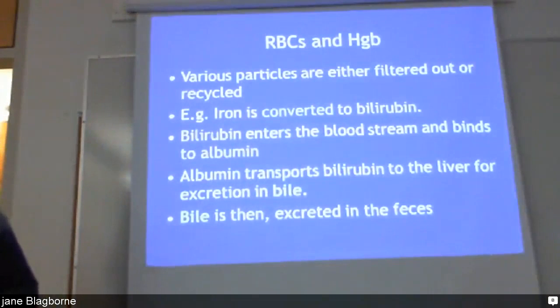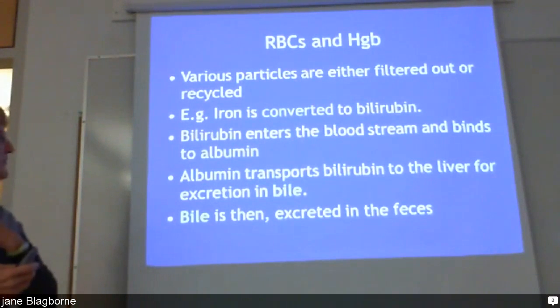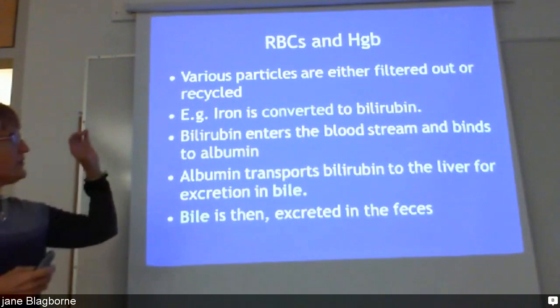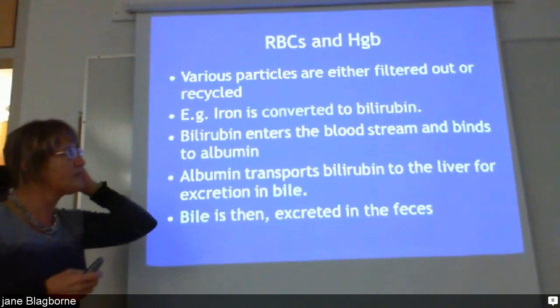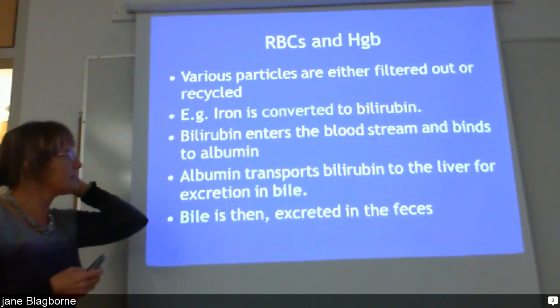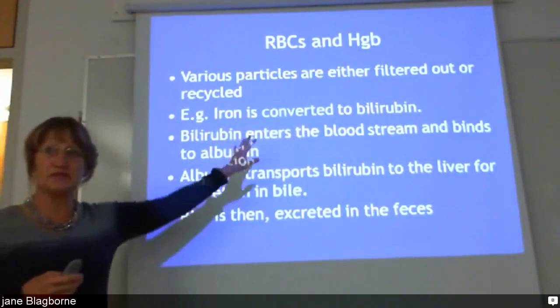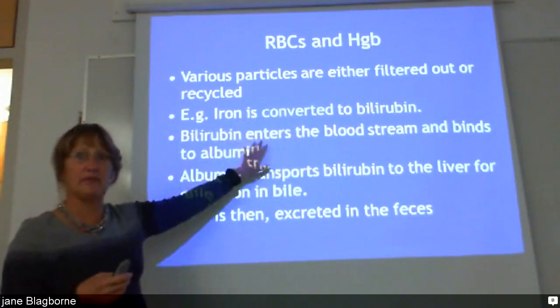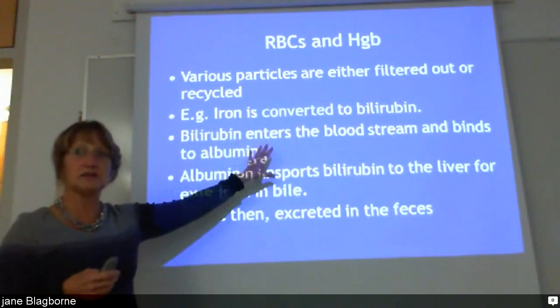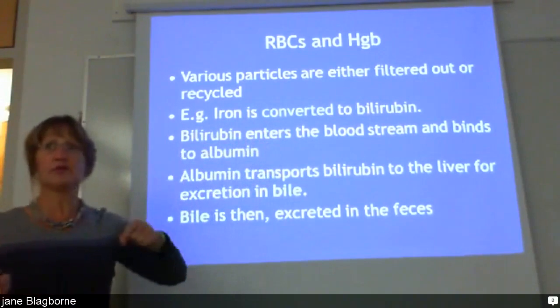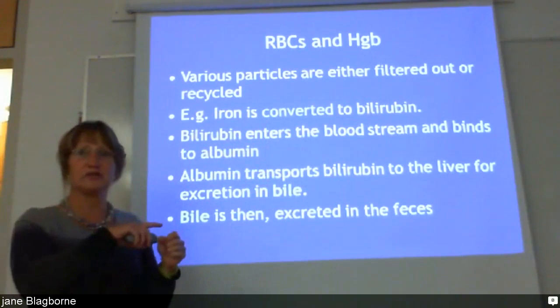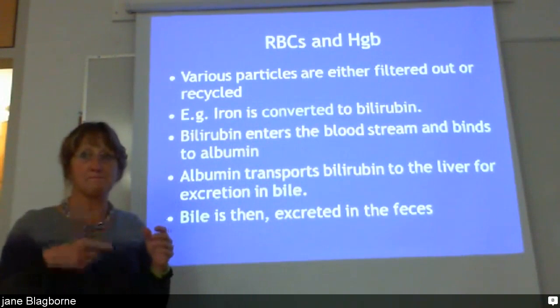Red blood cells and hemoglobin. So when the red blood cells are engulfed and destroyed, the iron is converted to bilirubin. Now that's what you see with babies that are jaundiced. When babies are born, they have a high concentration of hemoglobin from the mom.